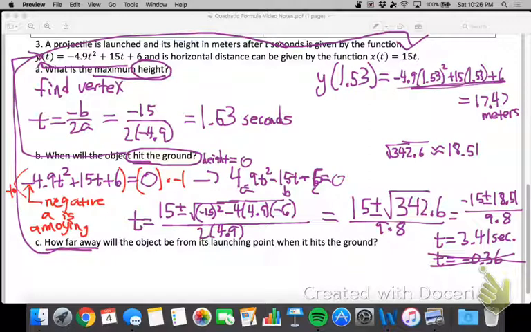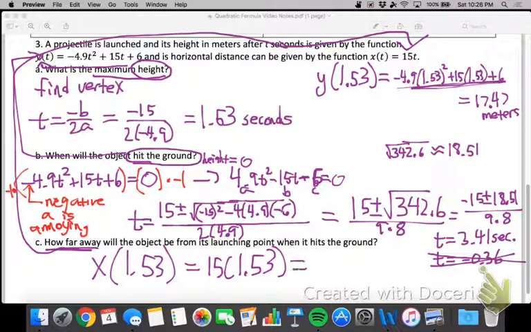So we need to find the x-coordinate after 3.41 seconds. And that would be 15 times 3.41, which equals 51.15 meters. All right, that's it.